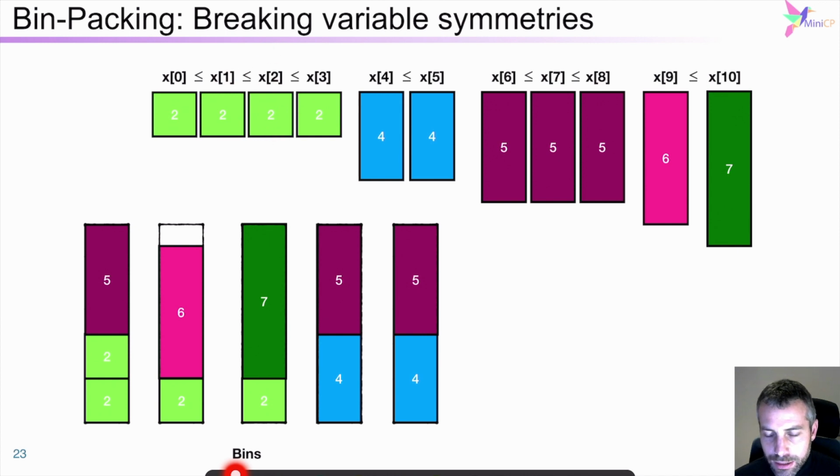And you can convince yourself that you do not remove any feasible solution. Well, you remove solutions, but if there was a feasible solution to your problem, there still will be a feasible solution after adding this constraint. That's the goal of breaking variable symmetry. You remove solutions, but you have the guarantee that if one solution exists, it still exists after adding these constraints.